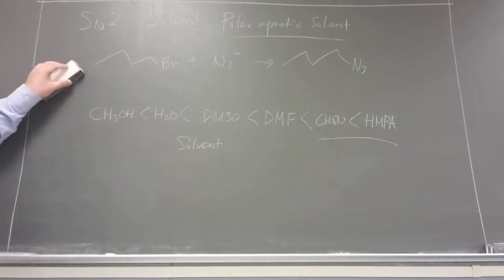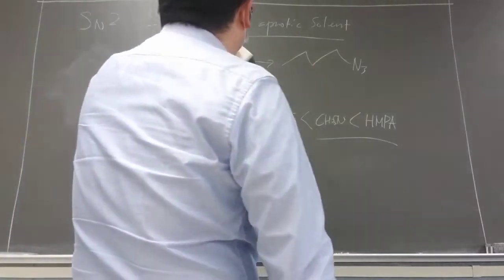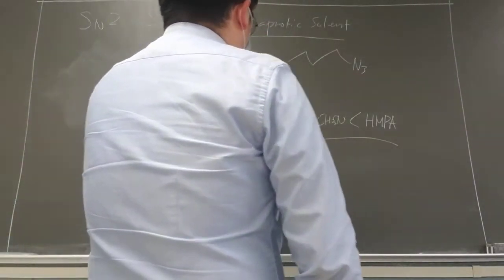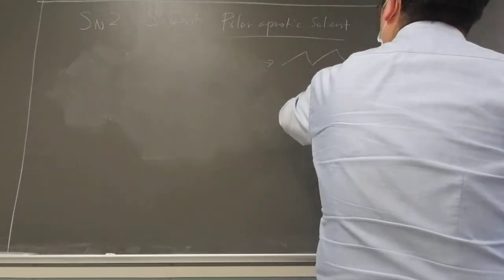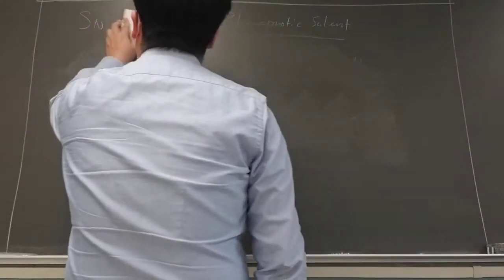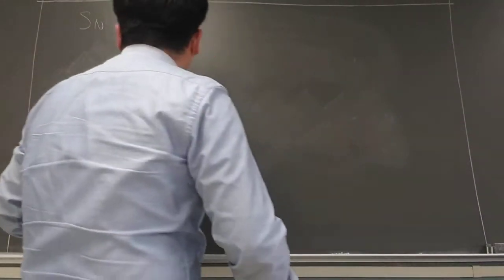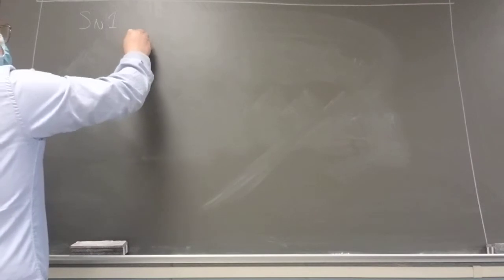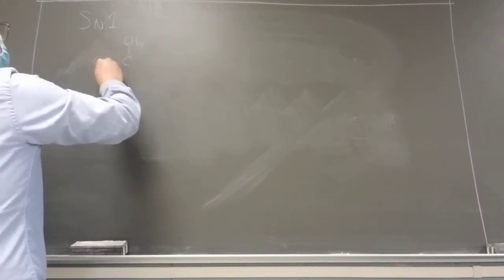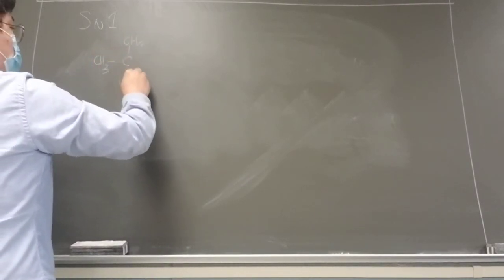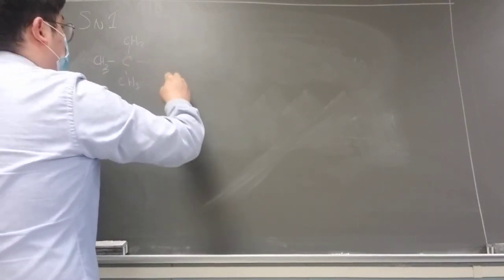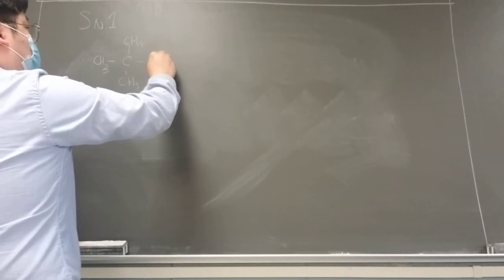Okay, so if that was the SN2, what about the SN1? This is something you can do with compounds that are highly substituted with alkyl groups.